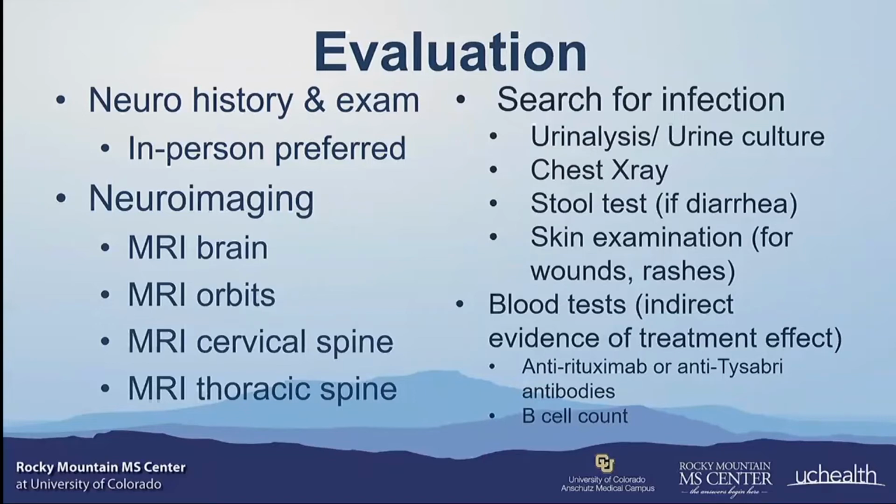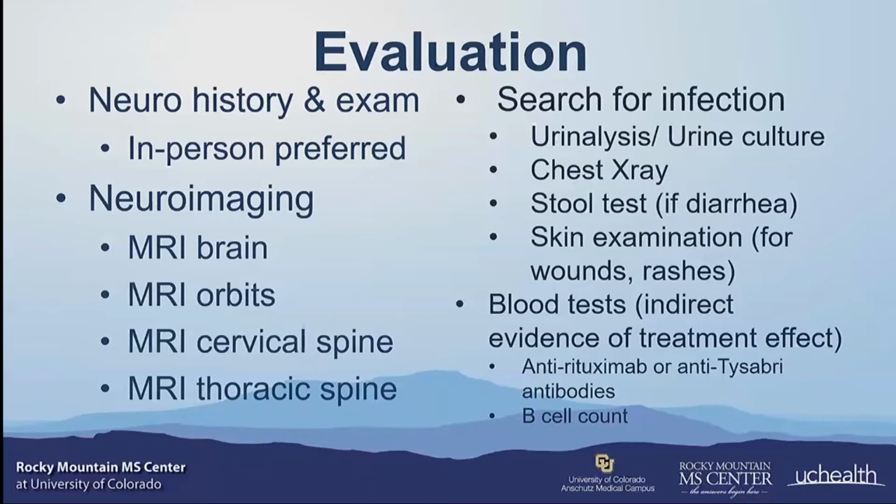But ideally, especially where it is important to do a neurological exam, the in-person is preferred. And then following that, we will typically get some type of neuroimage, so MRIs, perhaps the brain or orbits or cervical or thoracic spine, really depending on what type of symptom the person is describing.